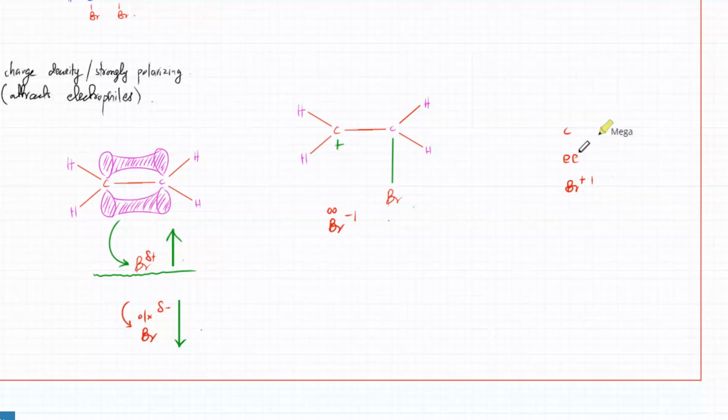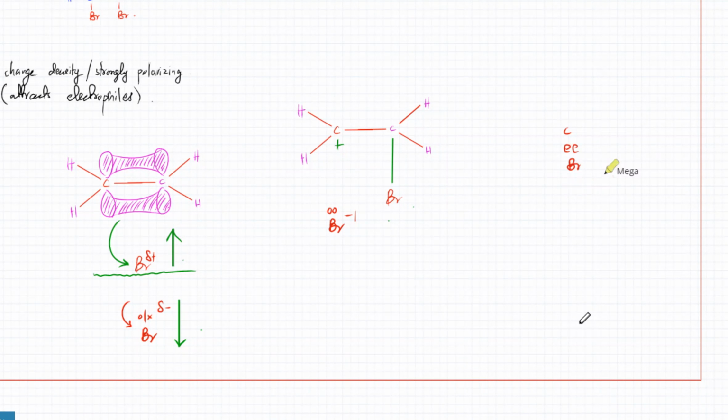And then it would make a normal covalent bond. Think of it this way: one of the electrons goes to Br, and the Br is no longer a positive ion. Is that clear? Yeah. And then the two get together to form a normal covalent bond.